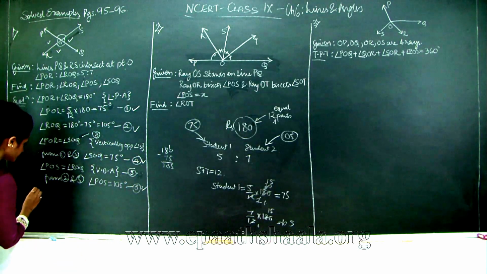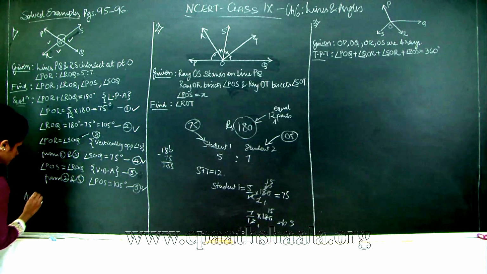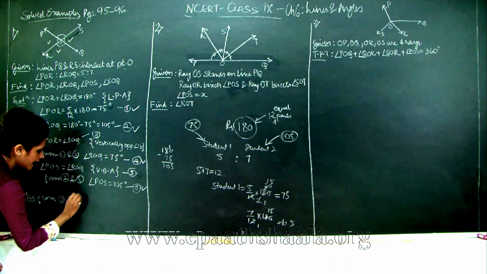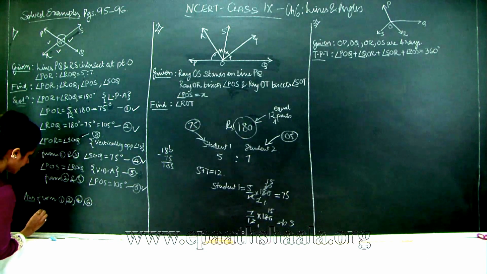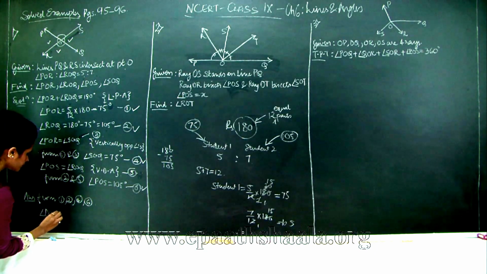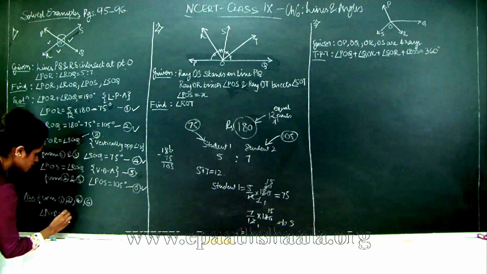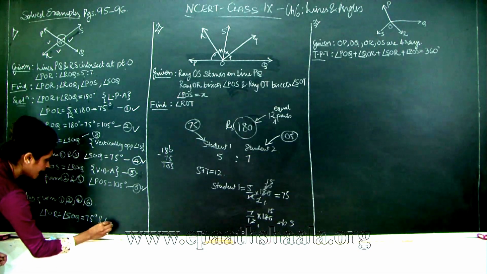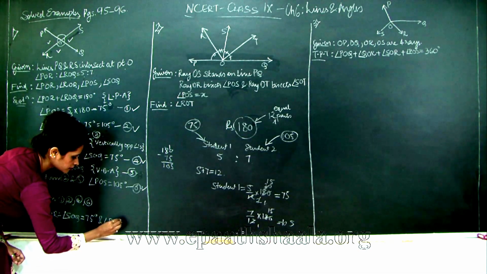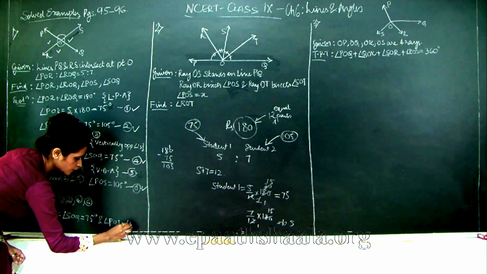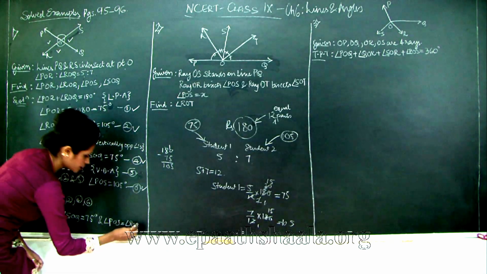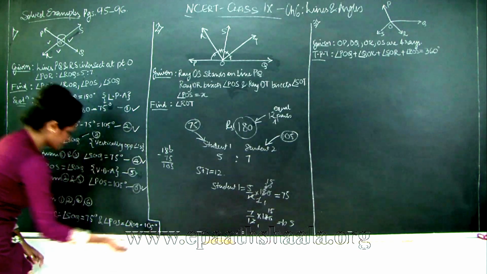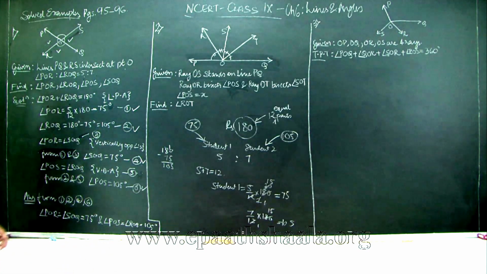So, I can say answer: from 1, 2, 4 and 6, angle POR is equal to angle SOQ, which is equal to 75 degrees, and angle POS is equal to angle ROQ, which is equal to 105 degrees. So, this is my answer, right?